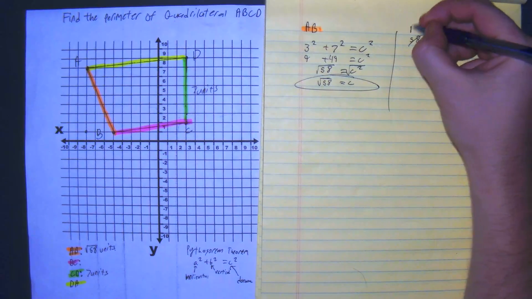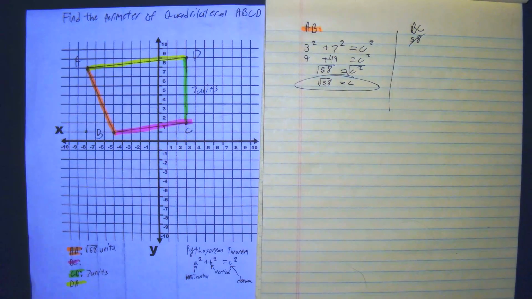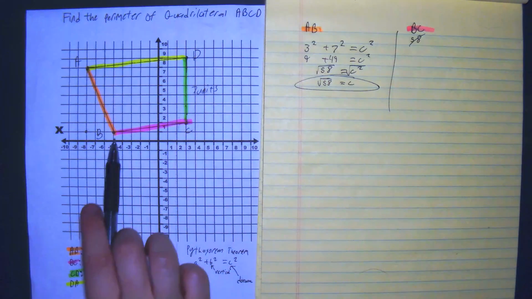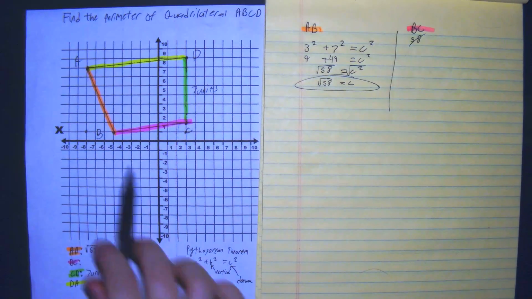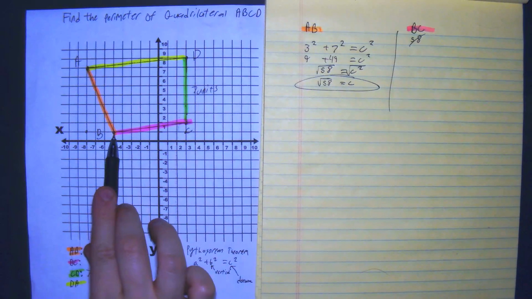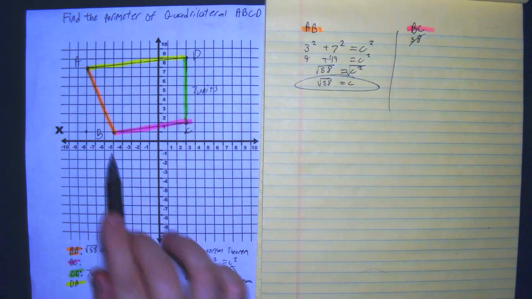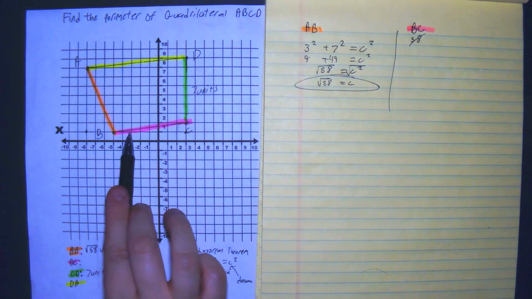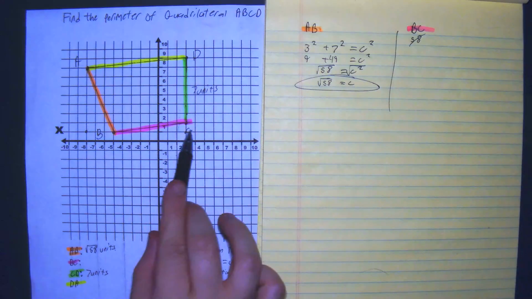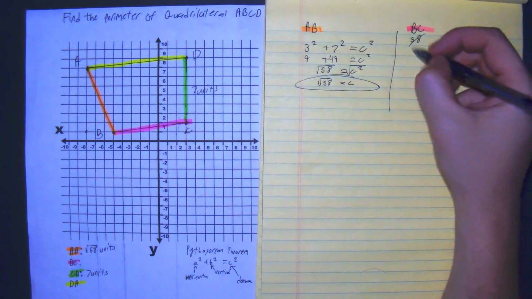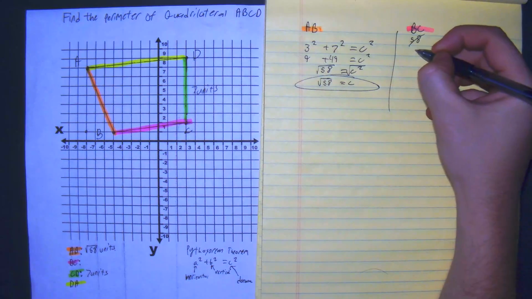Let's do BC. All right, so BC, let's first count from here to here, let's do our horizontal distance. So here, that's our starting point. 0, 1, 2, 3, 4, 5, 6, 7, 8. So right here we have 8 squared.